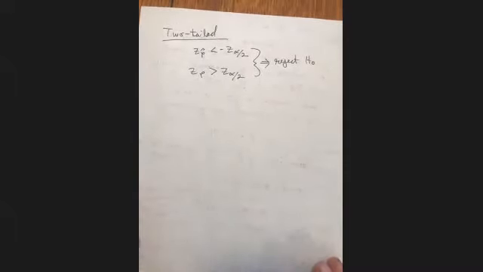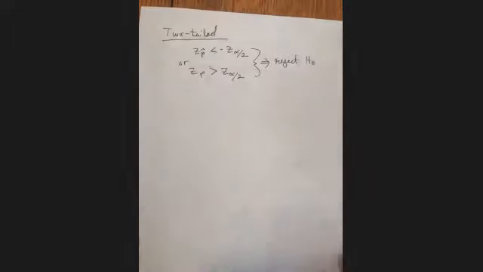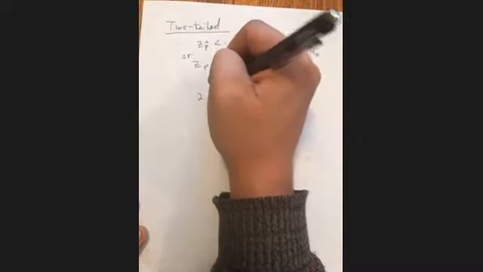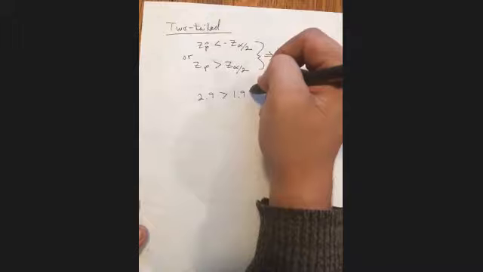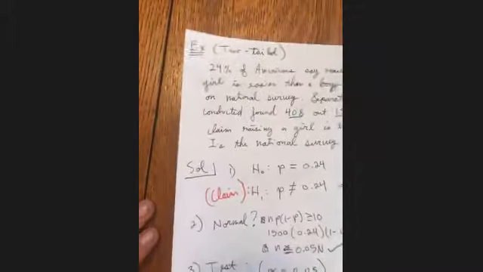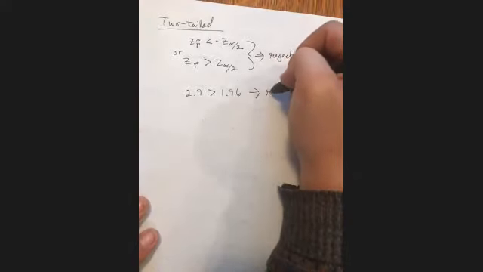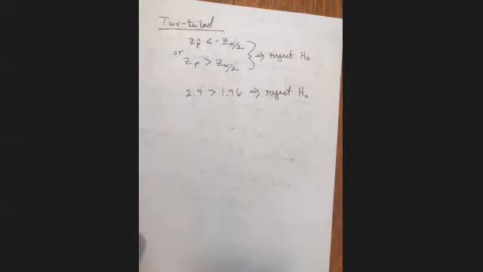If it fails, then we fail to reject, right? So what did we find? We found that 2.9 was definitely greater than 1.96. So that implies we reject the null hypothesis.